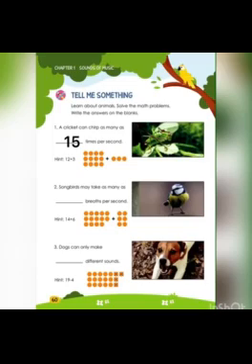Songbirds may take as many as blank breaths per second. And here we have 14 plus 6 equals? Very good, 20.